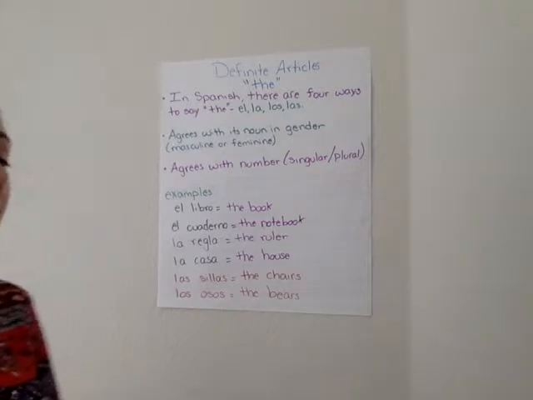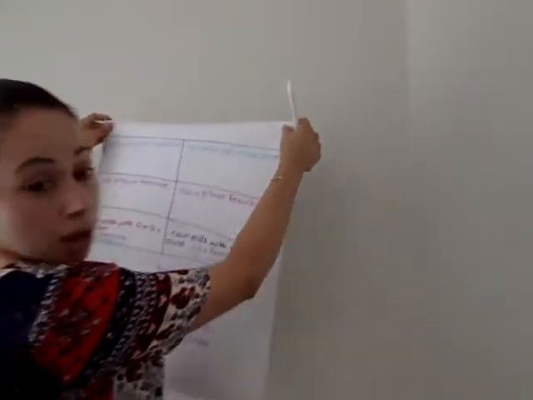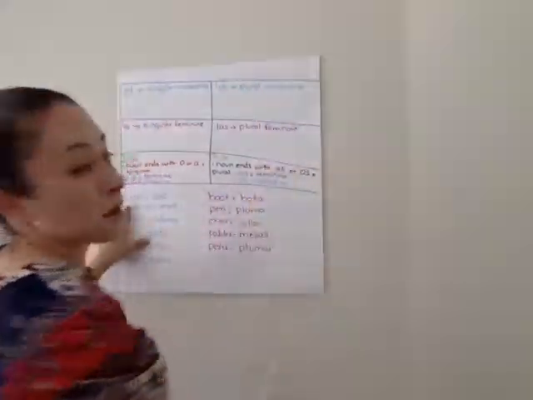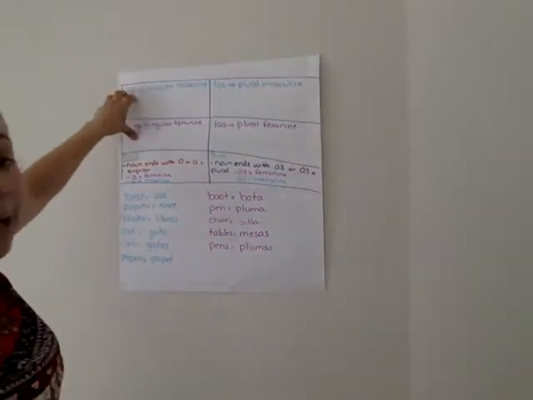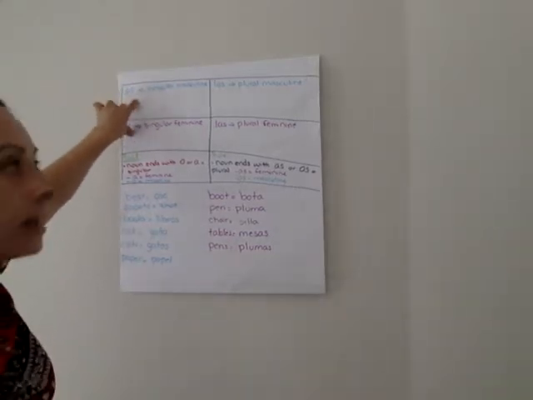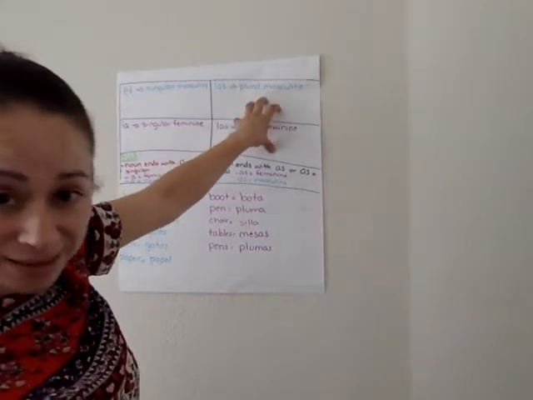Okay? Now, let me switch to the back so you can see a little bit more of our definite articles in Spanish. Now, I went ahead and I created this chart, and I wrote my two singular forms on this side and my two plural forms on this side.